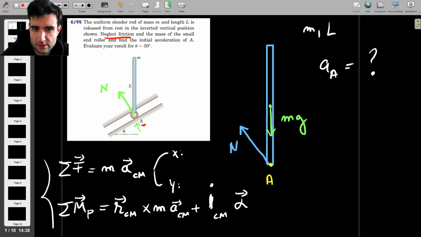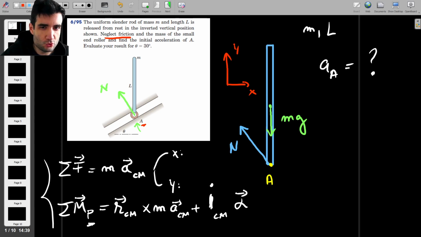The only issue that we have is we should pick, first of all, which point do we take moments about for rotation, and also what orientation is our coordinate system in. Because normally we would take a coordinate system like this. That's standard, and you can do this for this problem, and you will get the right answer.